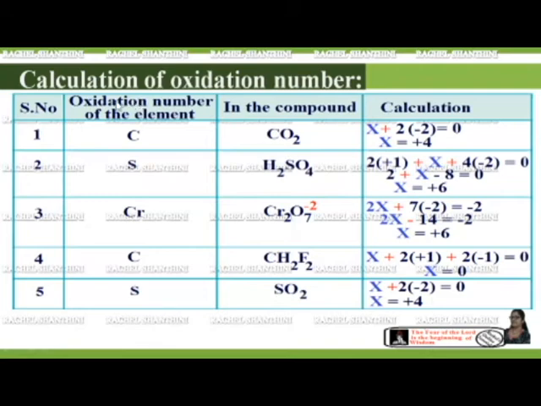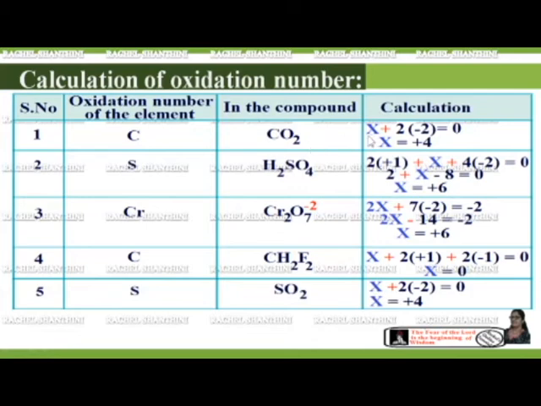Let us calculate the oxidation number of the elements given in the table from the compounds given in this table. For this, let us consider the oxidation number of the given elements as X and calculate it. First, let us calculate the oxidation number of carbon in carbon dioxide.